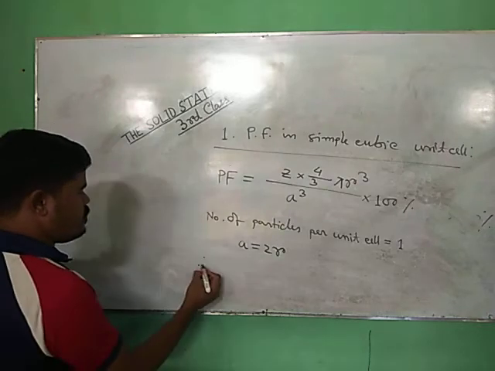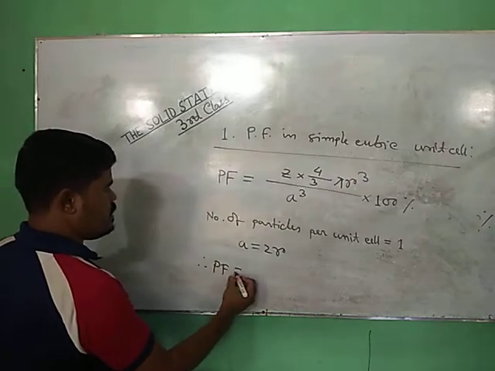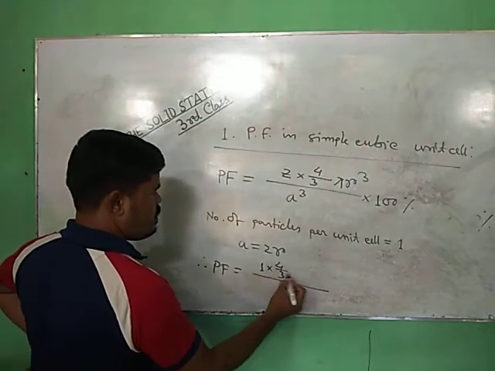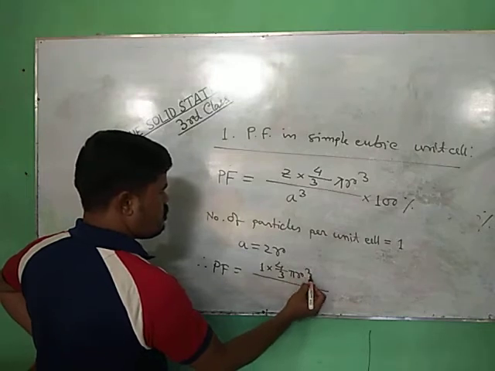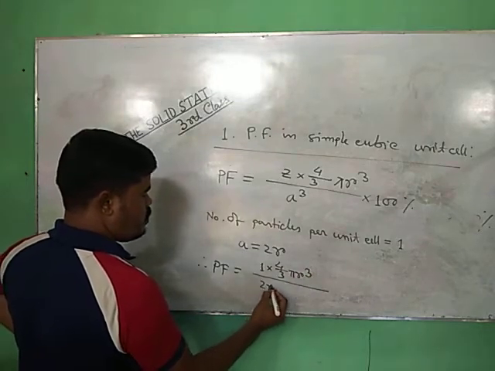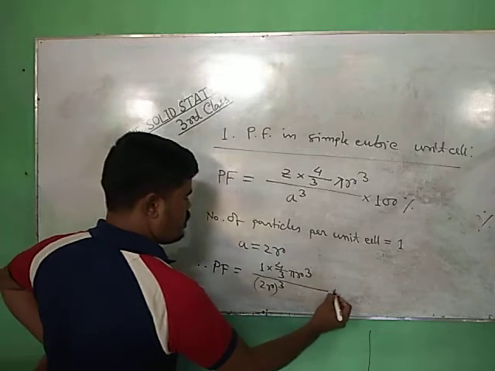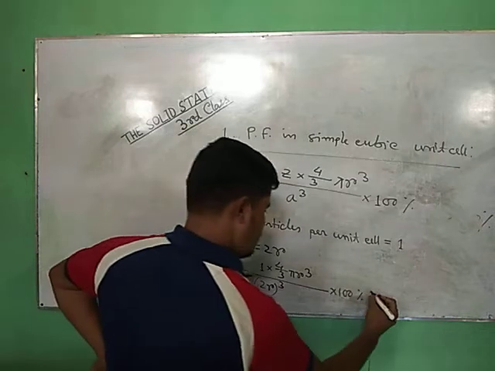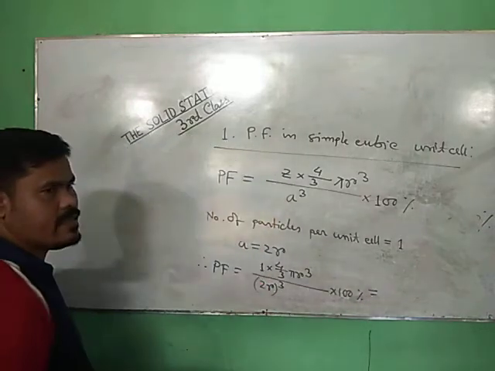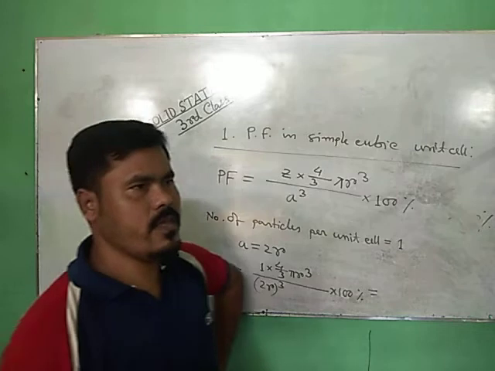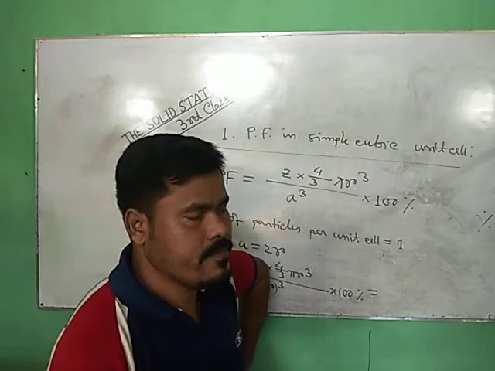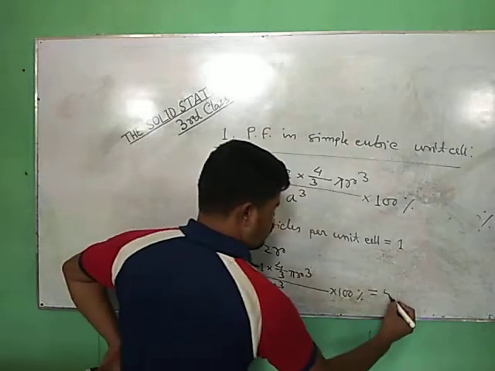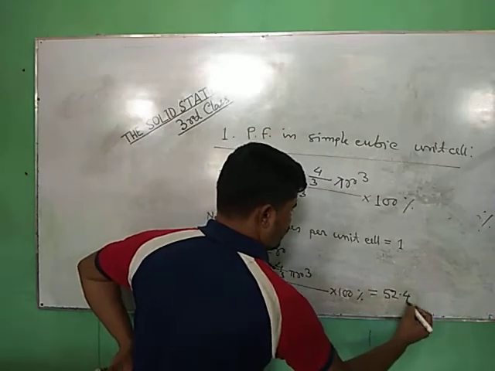So packing fraction is equal to 1 into 4/3 pi r cube divided by twice r whole cube into 100. After simplification you will get a result, and that result should be remembered by you. The result is almost 52.4%.